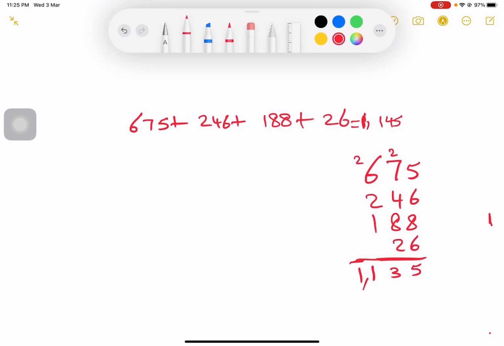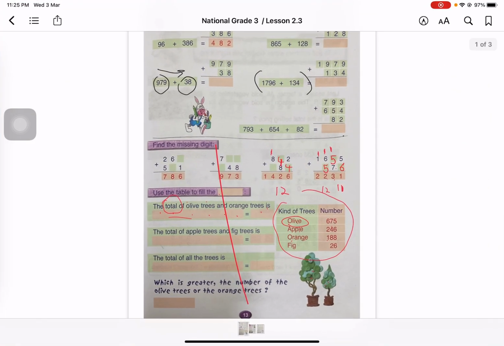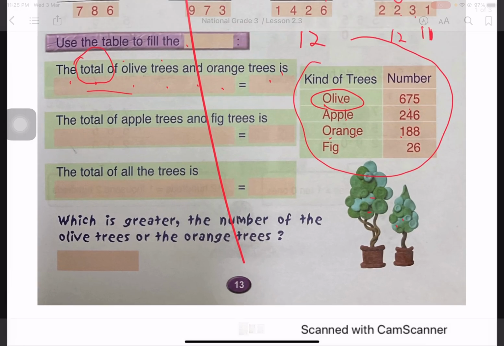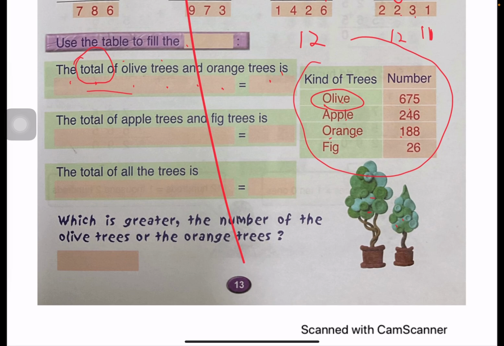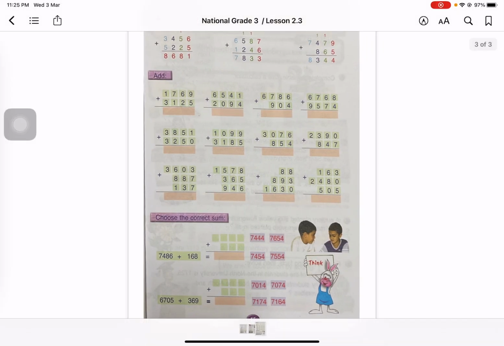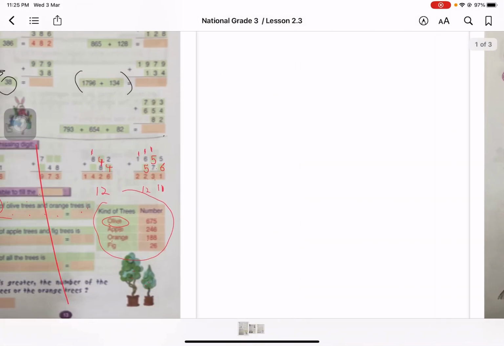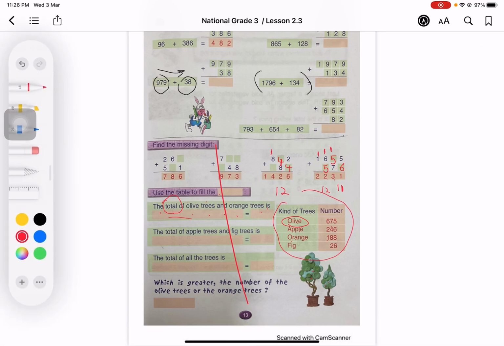Which is greater? They said in the question, which is greater, the number of the olive trees or the orange trees? Let's go. The orange tree, what is the number? Okay.